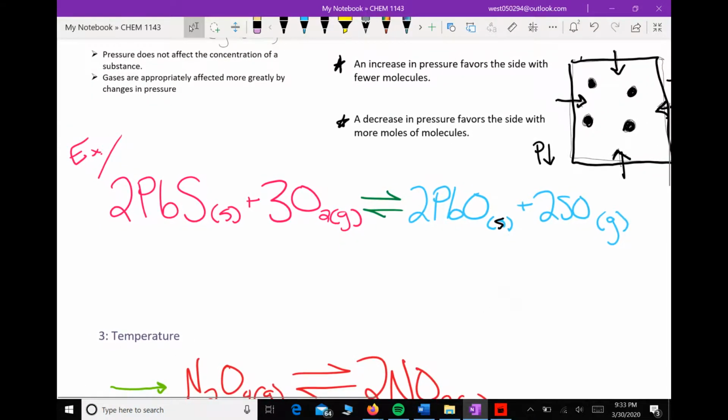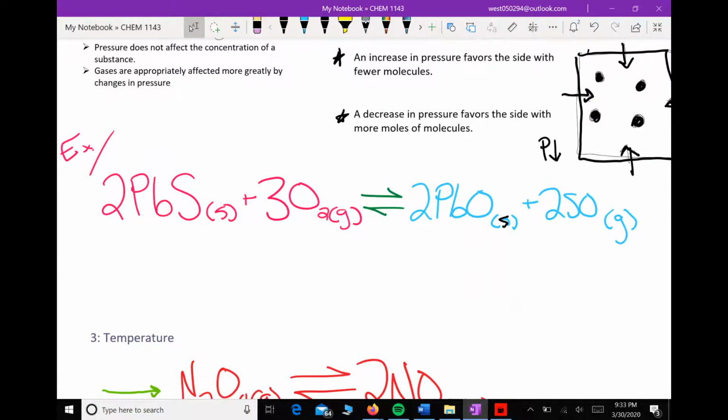Since volume greatly affects gas, we'll only be looking at our gas reactants and products in this example. We see that the reactants have 3 molecules of O2 gas, and our products yield only 2 molecules of sulfur oxide gas.